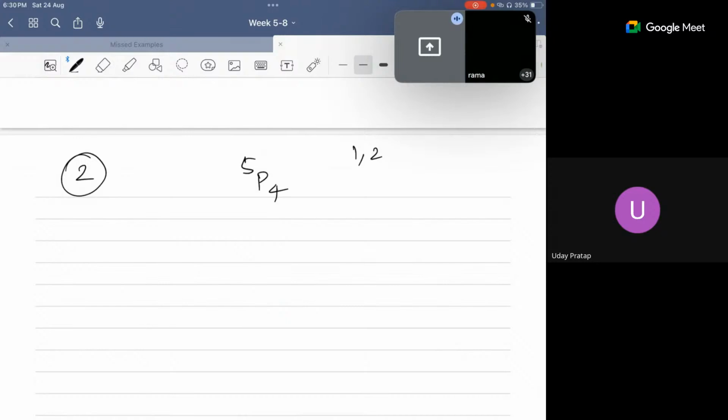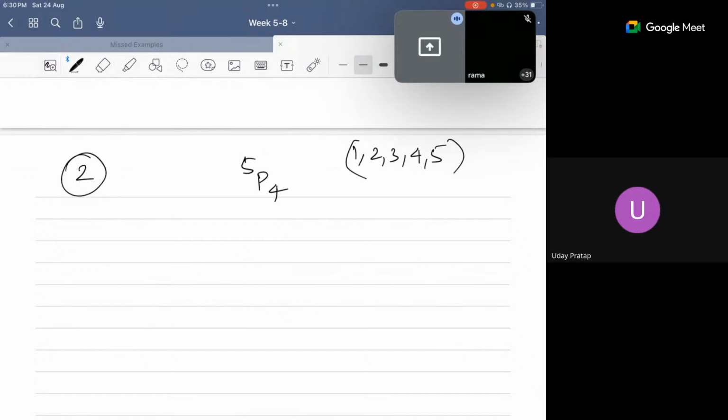Out of this 1, 2, 3, 4, 5, if you have to just make a 4-digit number, you can directly choose 5P4. If there was a 0, then you'll have to do some combination, like you'll have to use some basic concept. Otherwise, if the 0 has not been given, then you can directly write it as nPr or 5P4 if you have to make a 4-digit number.